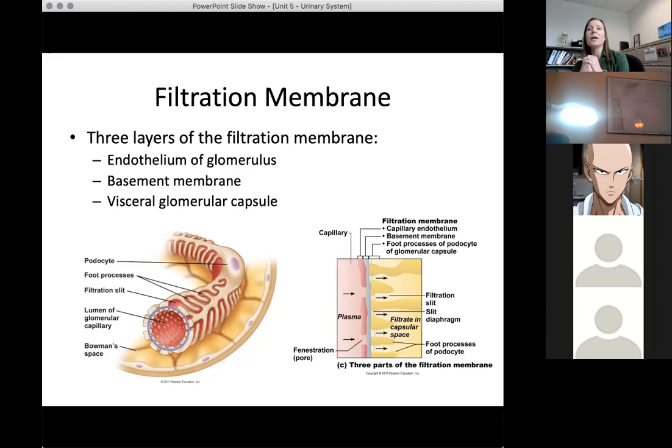Filtrate is the fluid that was produced from filtration, and it contains everything that was in blood except for blood cells and proteins, because either they're too large, or in the case of the proteins, they're negatively charged, so they were held back as well. Everything else that was in the blood gets across that filtration membrane initially. So you can see all of the things that filtrate contains. It contains water, it contains nutrients, it contains lots of ions.